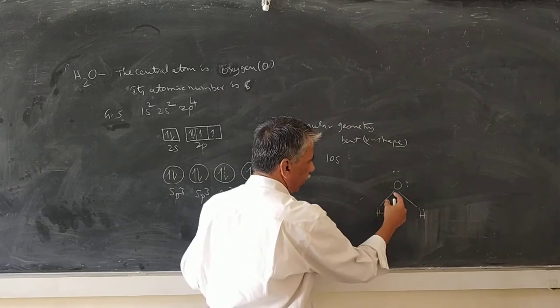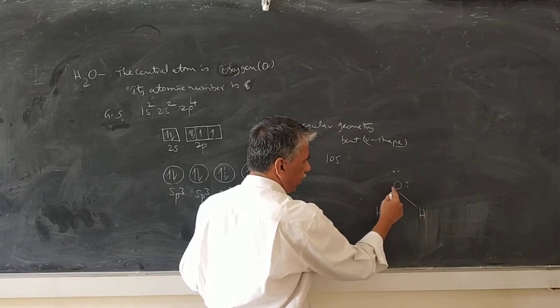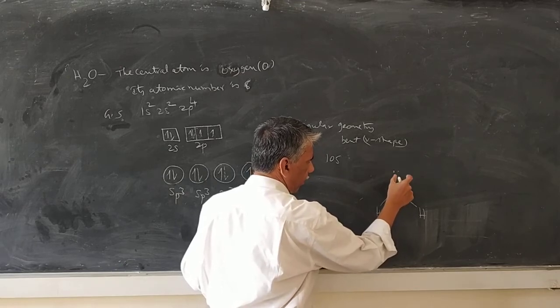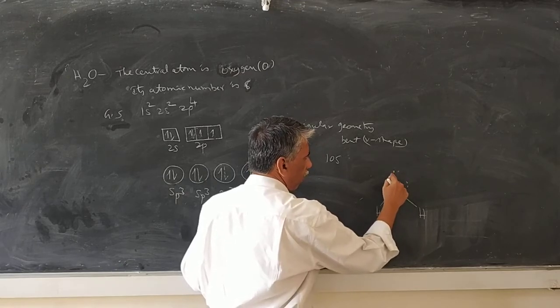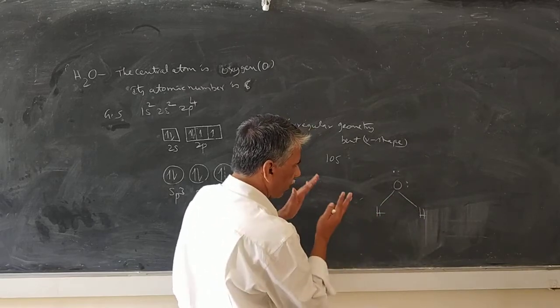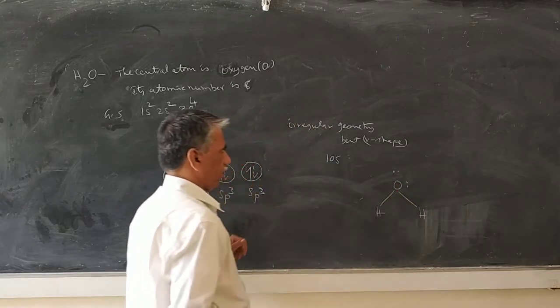A bond pair of electrons is nothing but a pair of electrons which is involved in bond formation. A lone pair of electrons is a pair of electrons which does not take part in bond formation. That is the difference between a lone pair and a bond pair of electrons.